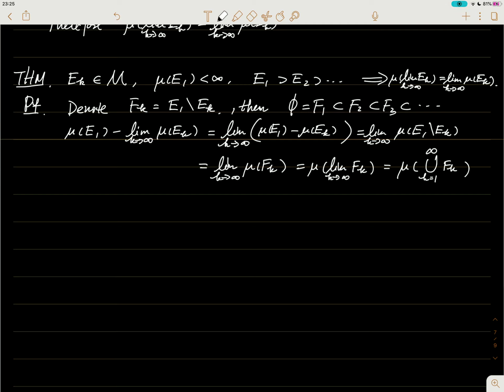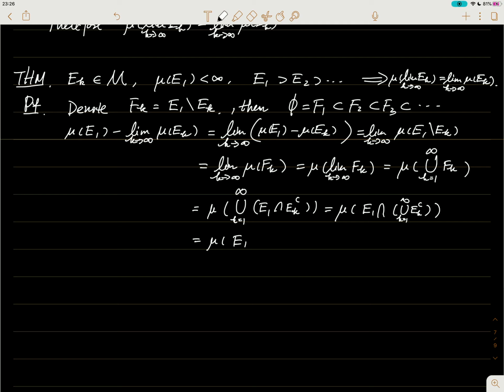Okay, and according to our definition of the Fk, this is nothing but E1 minus Ek. But let me rewrite this as the intersection of E1 and Ek complement. So that is equal to the mu of, I use the distributive law, E1 intersected with the union of the Ek complements.